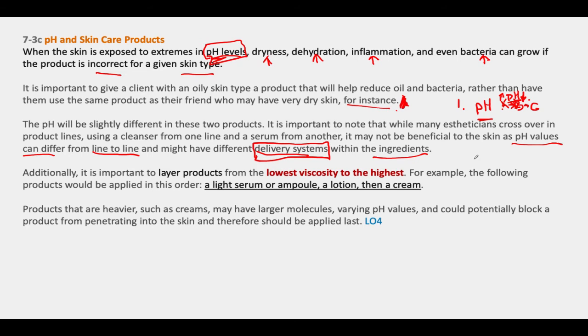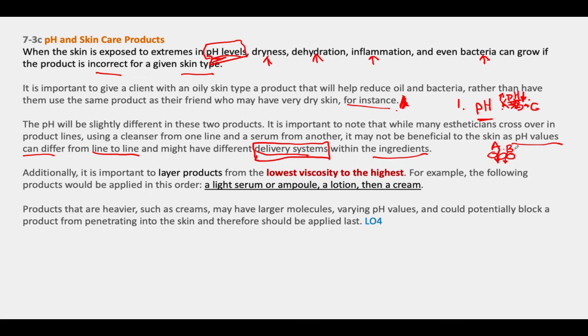The delivery system is when one product may open the pores of the skin. So if this is the skin, you have open pores, and product is seeping in, and there's a particular delivery system. Let's say product A opens up pores and creates that environment for seeping in.